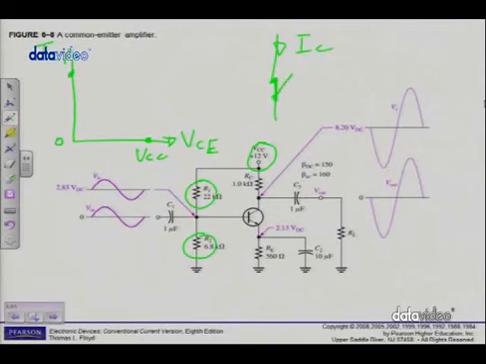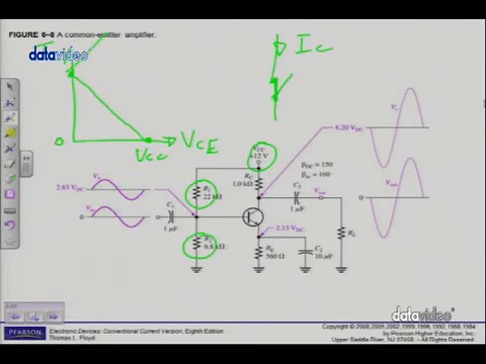Should be 0, but because it's not an ideal device, I know this specific book uses approximately 0.2 volts. Unless otherwise specified, we will use 0.2 volts. Alright, then I've seen also if I connect these 2 points, that's called the DC load line.